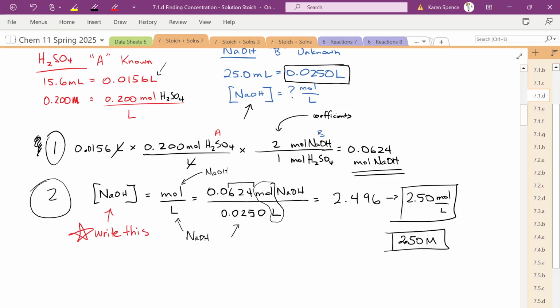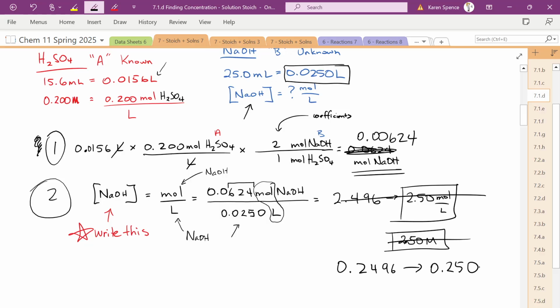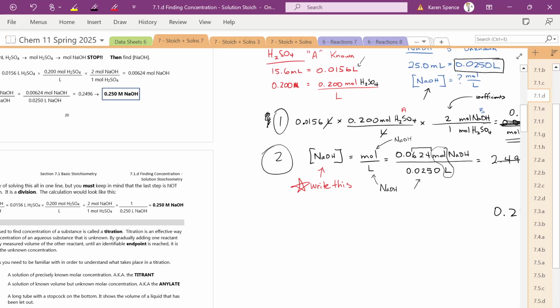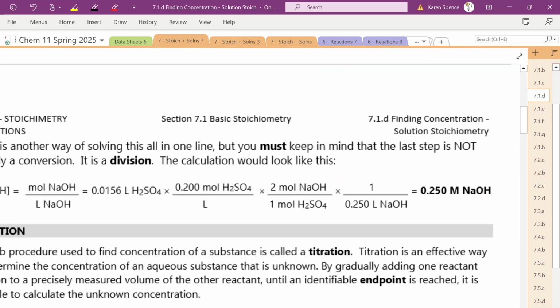Where did I go wrong? 0.0156 times 0.2 times 2 equals, oh, there should be 2 zeros in here. 0.00624. There we go. Okay, yeah.